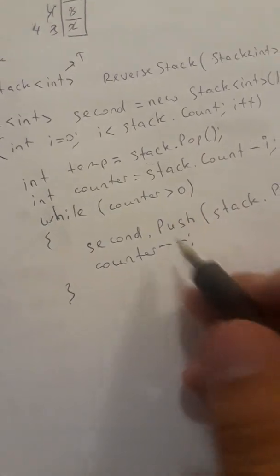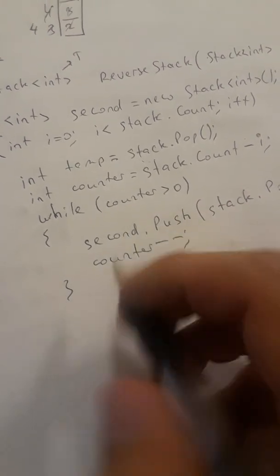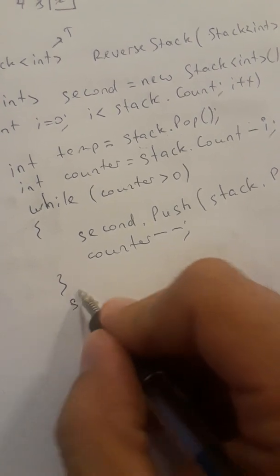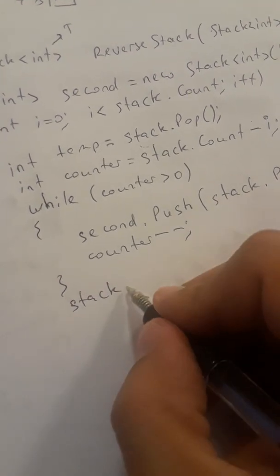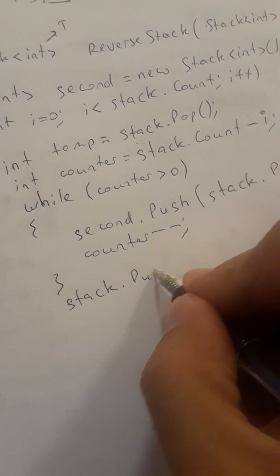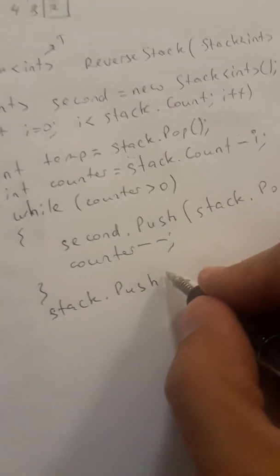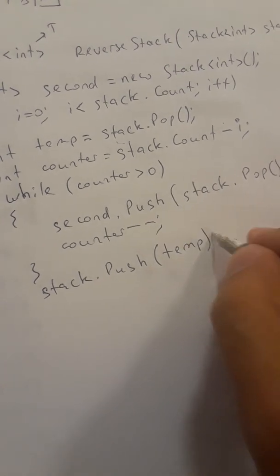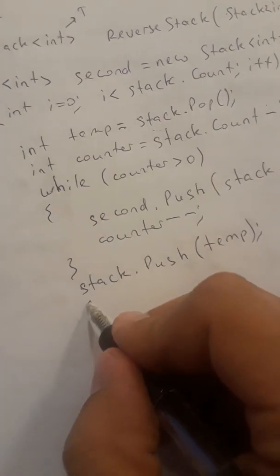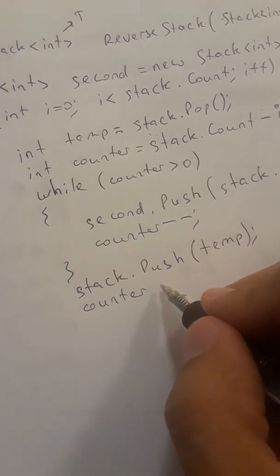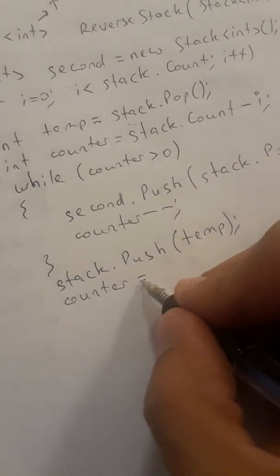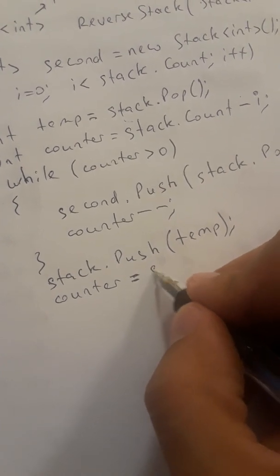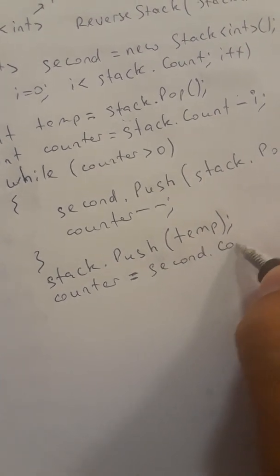After we push them to the second, we will push back to our initial stack the element from our temporary variable, and redefine our counter, making it equal to the number of elements in our second stack.